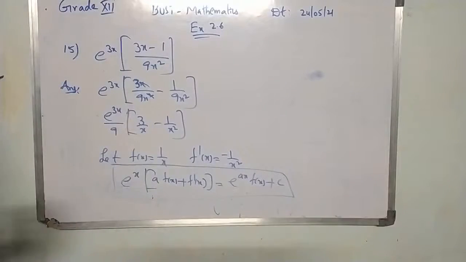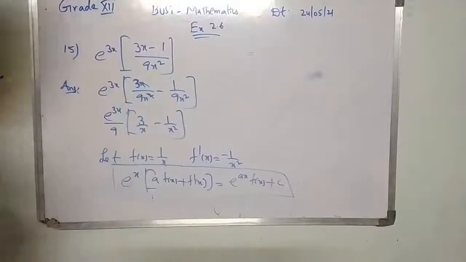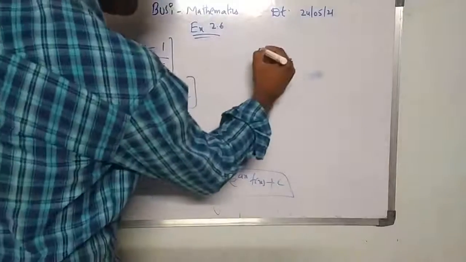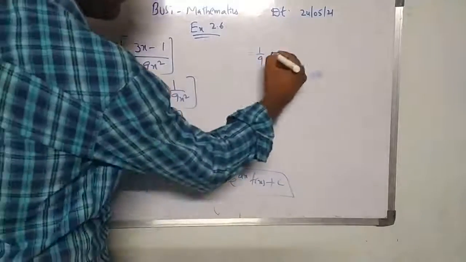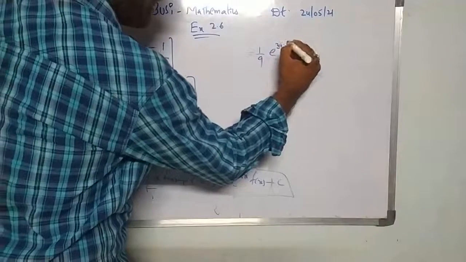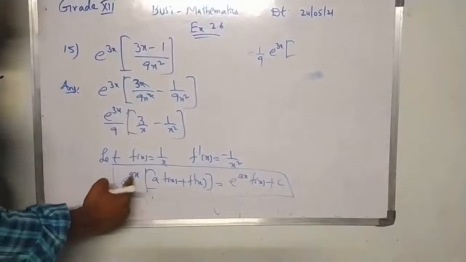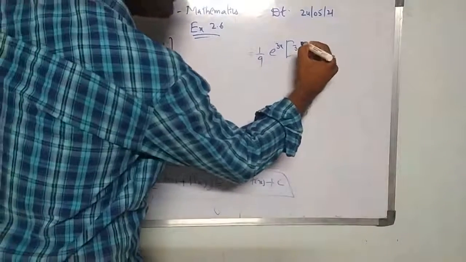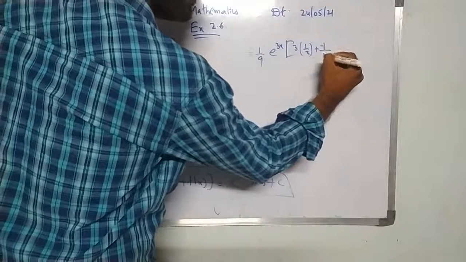So here the answer will be e power, so here 1 by 9, and I'm writing in a formula format. So e power ax, 3 into 1 by x minus 1 by x square.